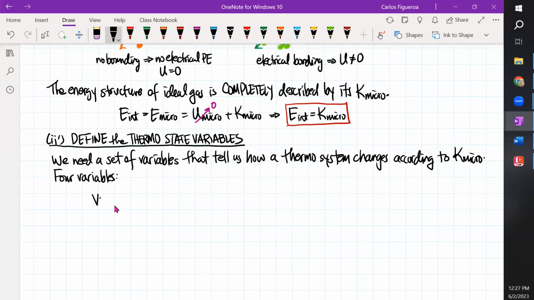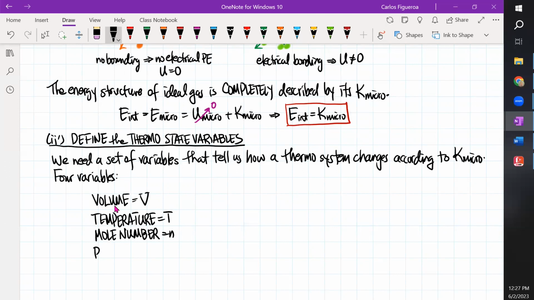We have volume. I mean, that's pretty easy to define. We have temperature. Temperature turns out to be more complicated. And then we need the mole number. That tells us about how many particles are in the system.